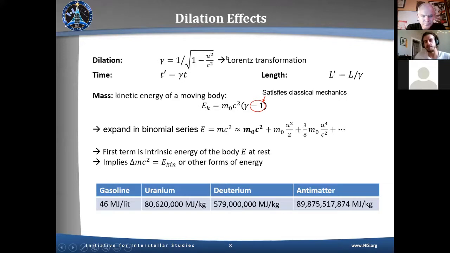This dilation can be quantified with the Lorentz transformation, which is this factor here. It's mostly just a function of the velocity at which one is moving divided by the speed of light squared. Time is dilated in this fashion. So if somebody's moving fast away from me, then for me it looks like time for them is going slower.